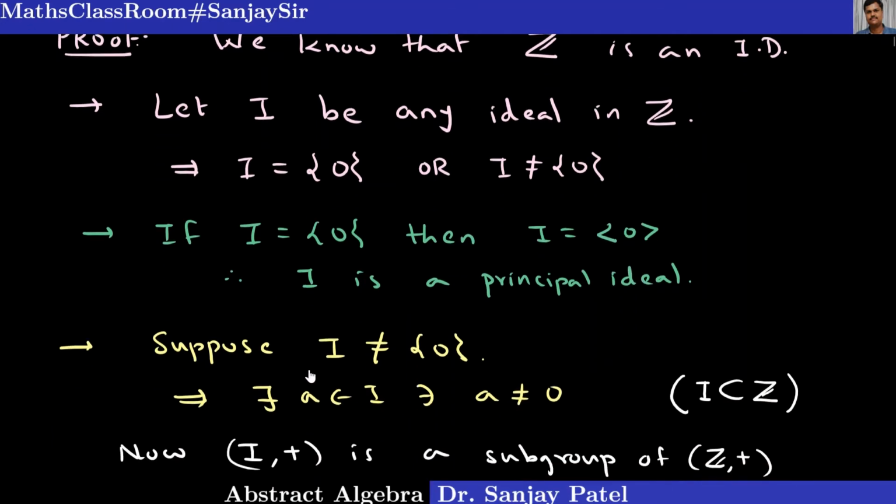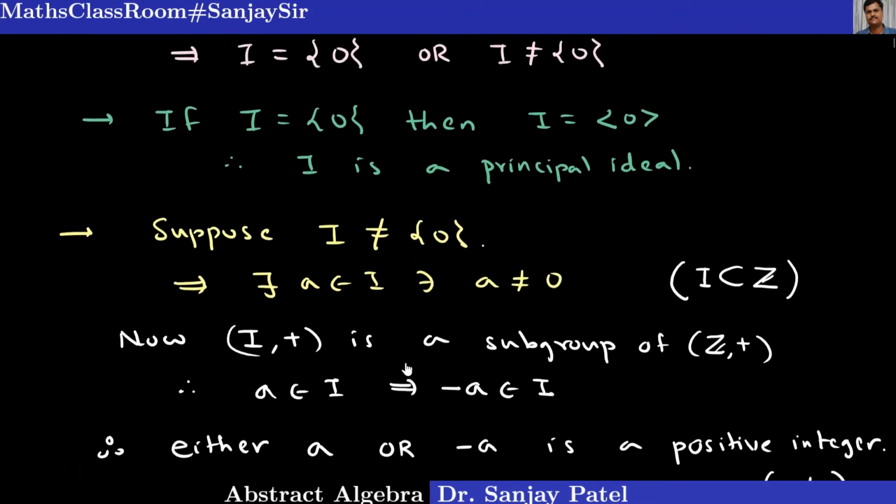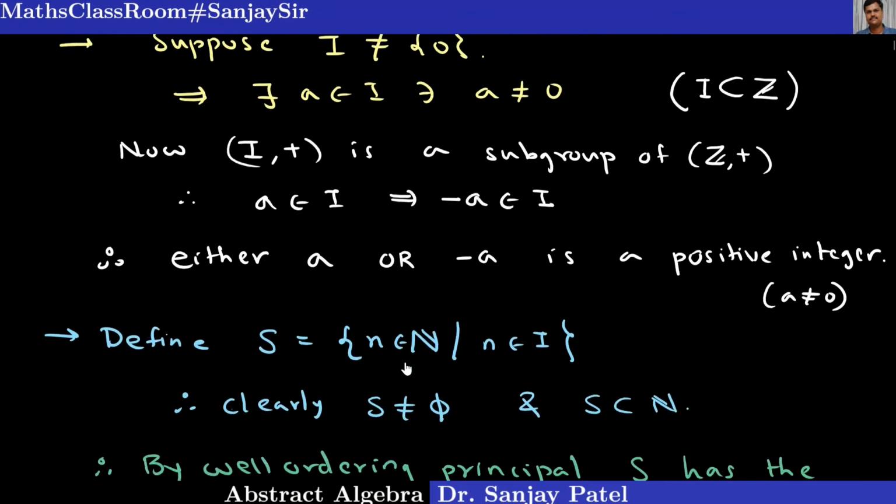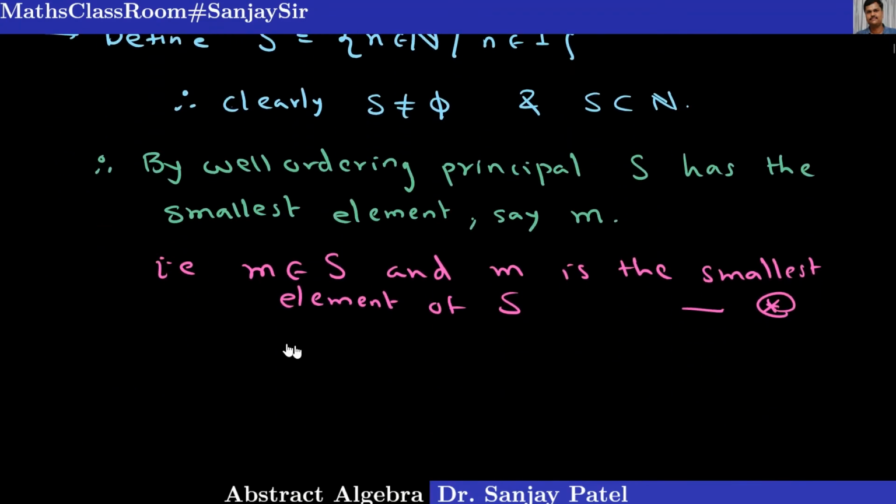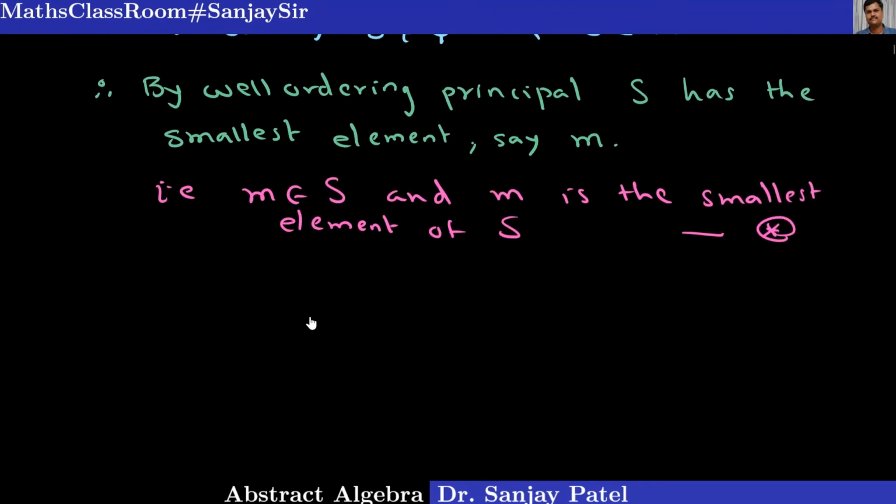Now I assume that I is a non-zero ideal, and in this case also I want to show that this ideal I is a principal ideal. So I will be showing that this I is generated by some integer, some element in Z. That element is the number small m. So let me write here.